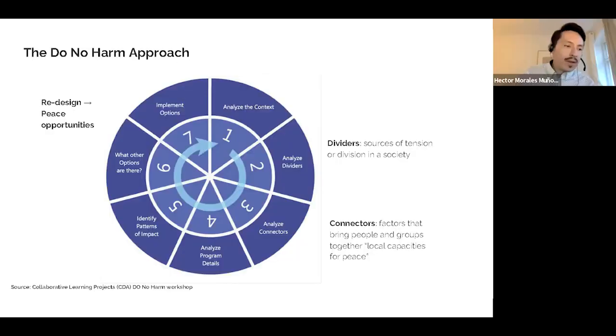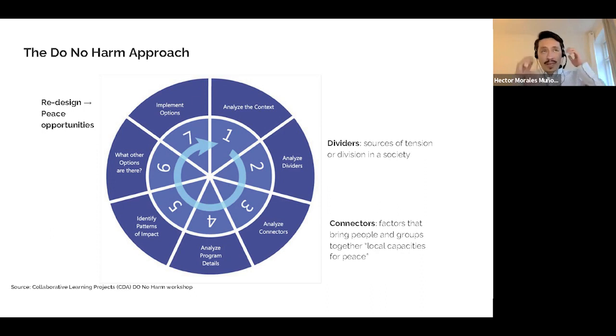Right, so the do no harm approach is a conflict sensitivity tool developed by the Collaborative Learning Projects of CDA, which is a way to tailor theories of change for environmental peacebuilding.